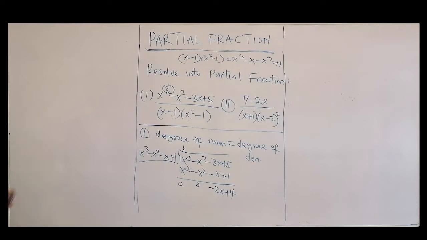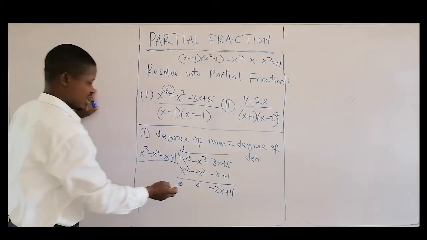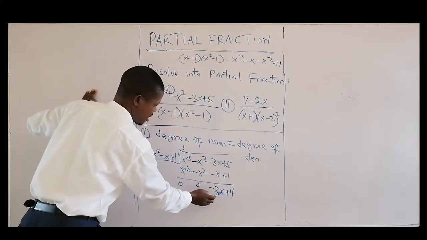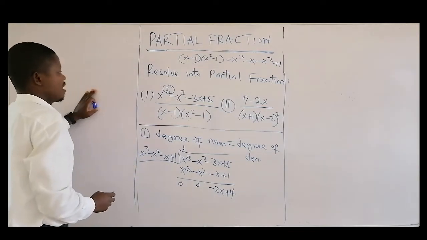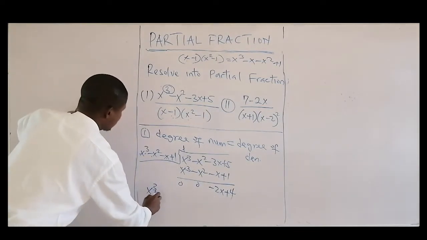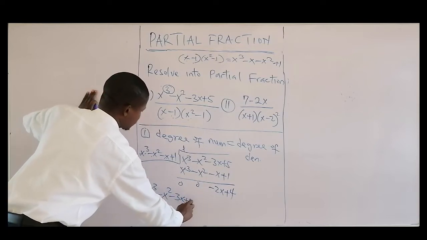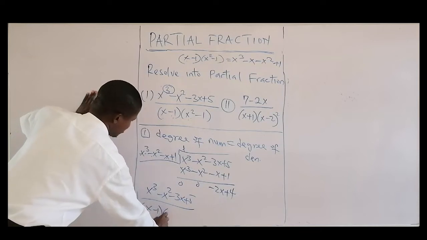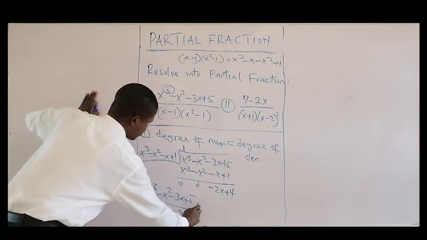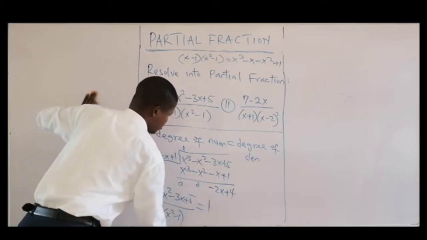Okay. Then you now realize that you can't go further again because you can see this one now is lower than this one. So our question will now become minus 3x plus 5 all over x minus 1 into bracket x squared minus 1 be equal to the quotient 1.